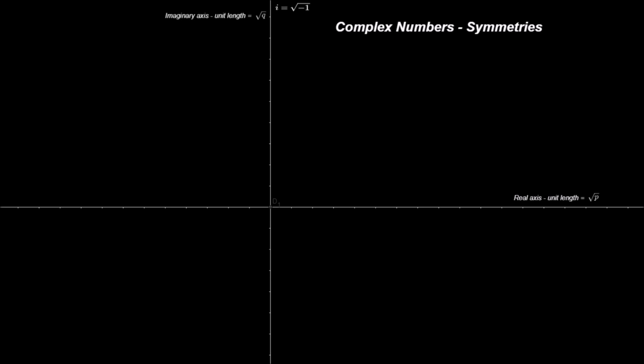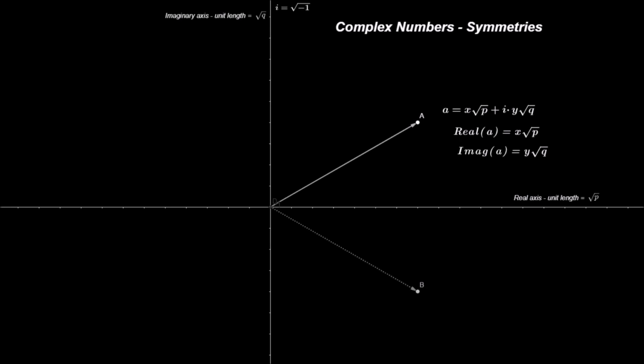Let's consider a complex number A equal to x multiplied by the square root of p plus i multiplied by y multiplied by the square root of q. x and y are the coordinates of the complex number A. The square root of p and the square root of q are the units of length for the real axis and the imaginary axis. i is of course the square root of -1.